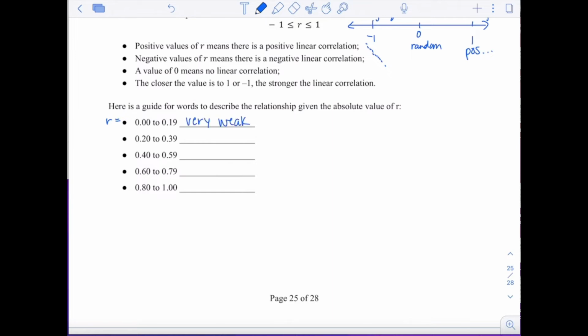So the dots in the scatter plot would look really random. 0.2 to 0.39 is weak. 0.4 to 0.59 is moderate. Then we have strong and very strong. Now, this is also true in the negative direction. We'd still say weak, moderate, strong, very strong, but it would be in the negative direction.